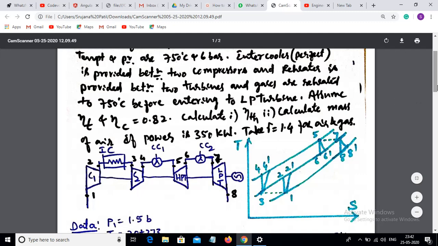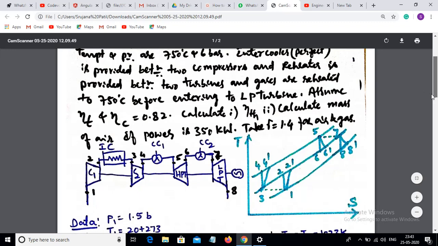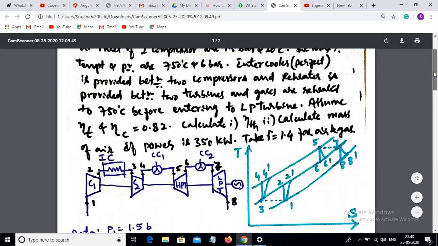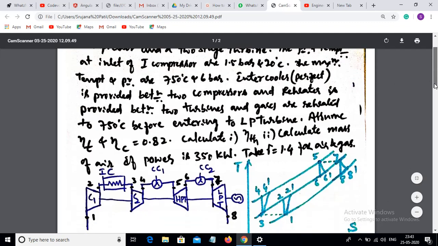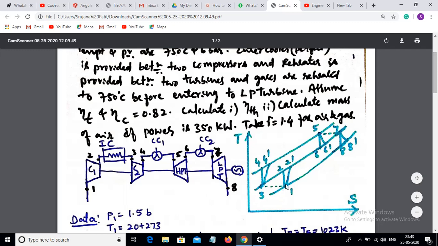So now, here I will explain the T-s diagram. At a temperature of 20 degrees centigrade and a pressure of 1.5 bar, the air enters compressor 1, where it is compressed to the intermediate pressure P2, so that its temperature increases, that is T2 dash.